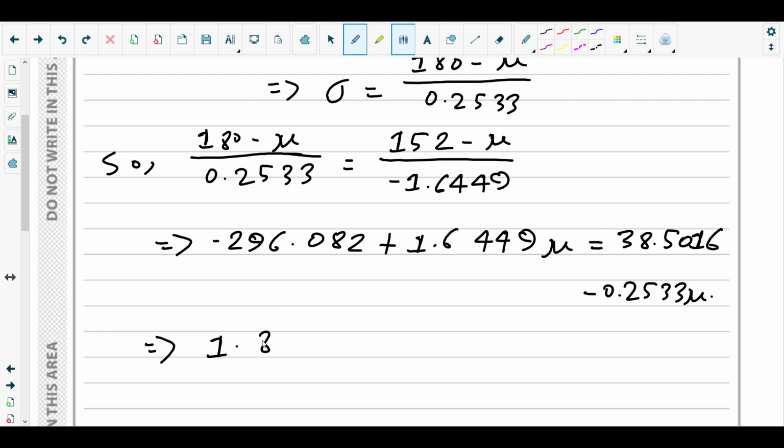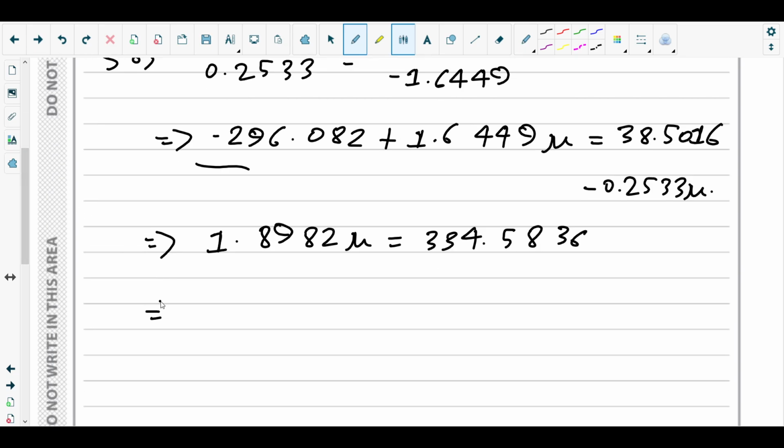Just solving simultaneous equations, that's it. 1.8982 mu would be equal to 38.5016 plus 296.082, it becomes plus since it was negative on the left hand side. So you will get 334.5836. Now we make mu the subject.